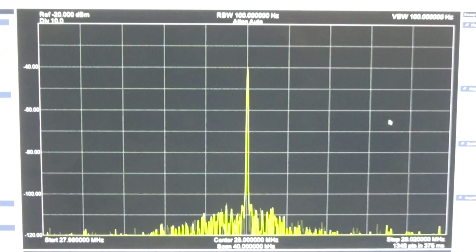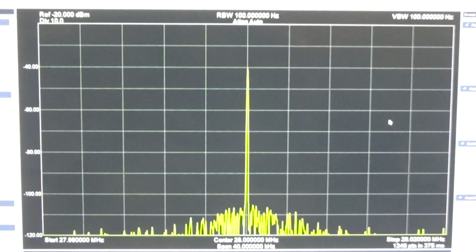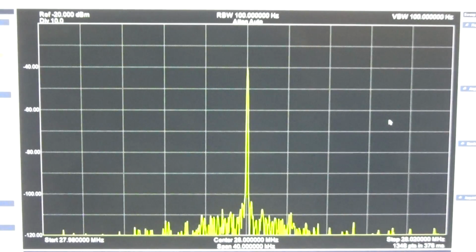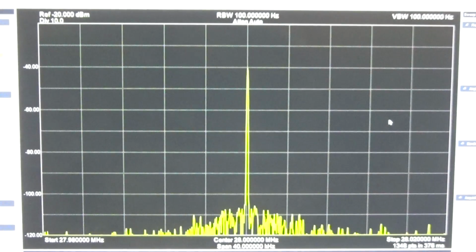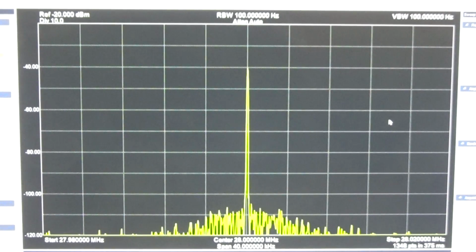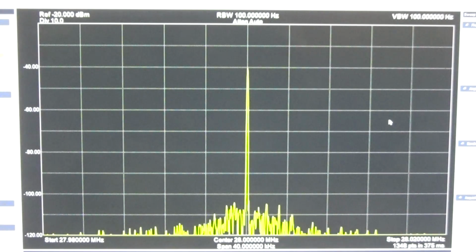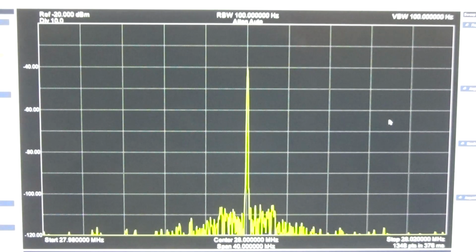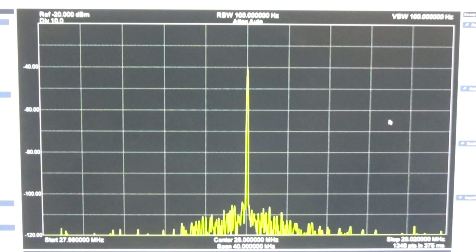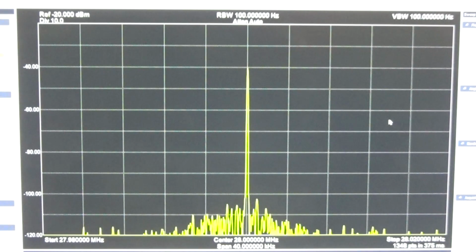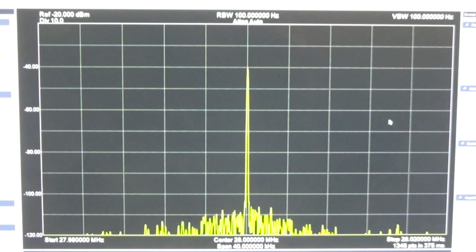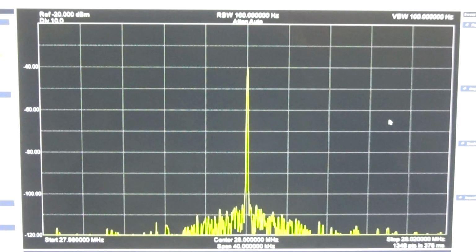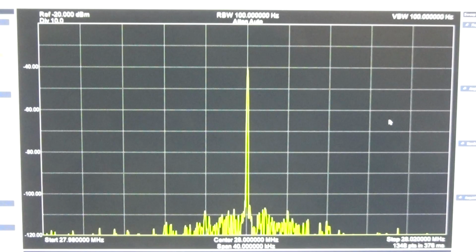So we put an audio signal onto our carrier, and we can do it in different ways. There is not only FM, not only AM, there are of course some more modulations, but we want to focus today simply on frequency modulation, FM.